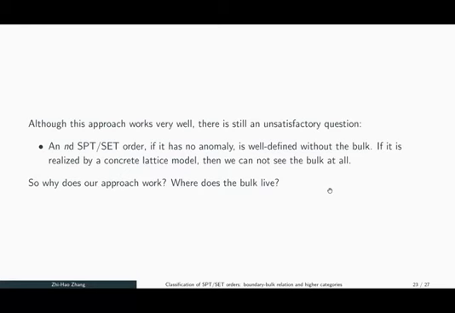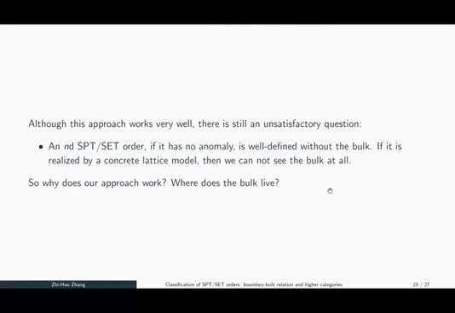Okay, so we have a very good approach to the classification of SPT orders, but there's still some problem. The problem is if an n-dimensional SPT order has no anomaly, it is well defined without the bulk.